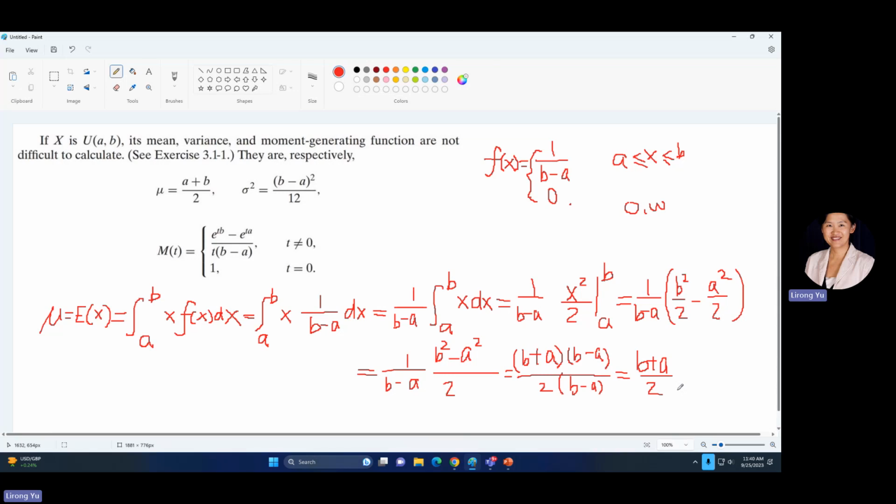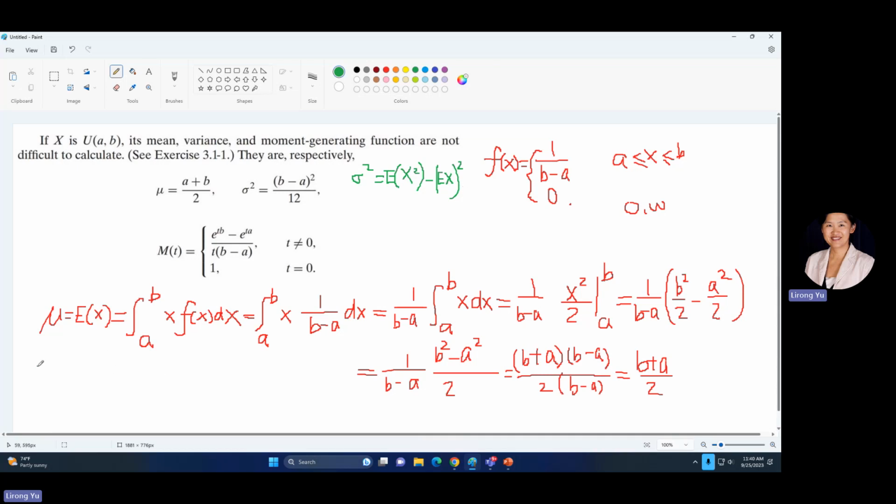The second equation is the calculation of the variance. The variance is equal to the expectation of x squared minus the expectation squared. We already have the expectation, so we have to calculate the expectation of x squared.